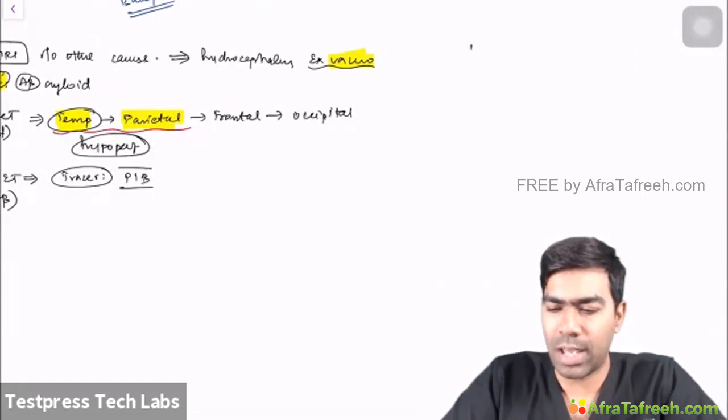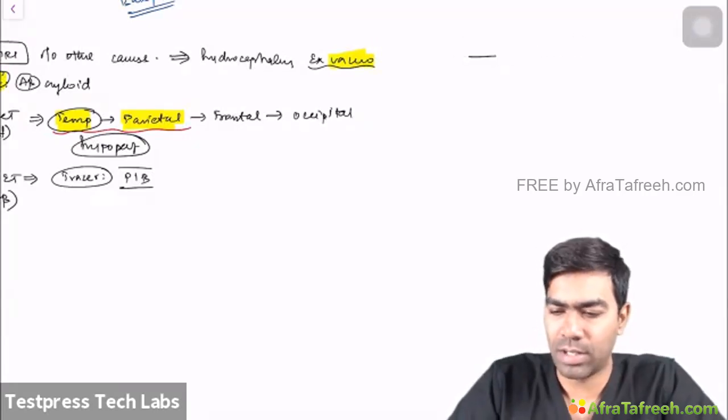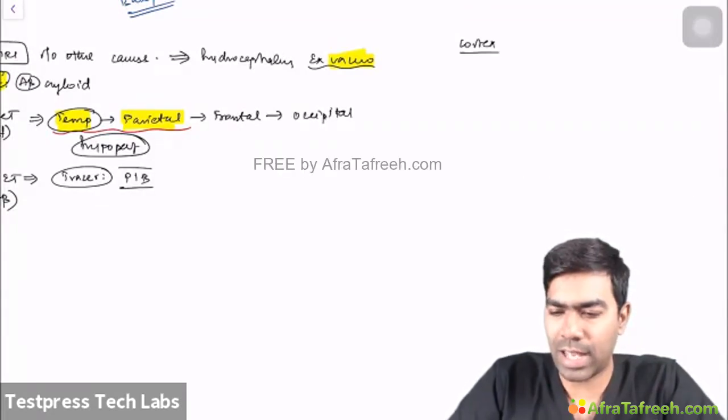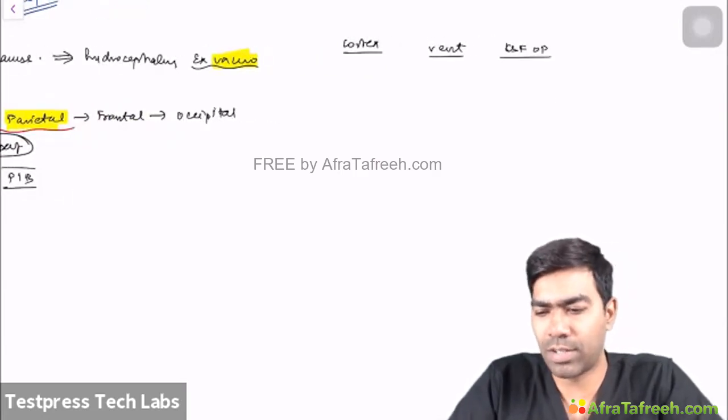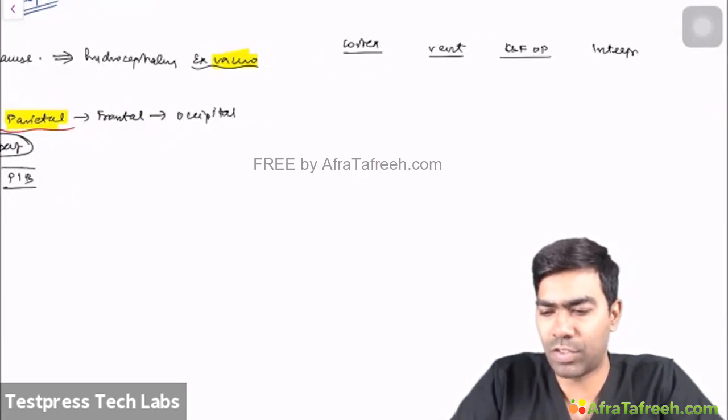Based on MRI appearance of the cortex and the size of the ventricles, and based on the CSF opening pressure, I can give certain diagnoses which can be important in exams.